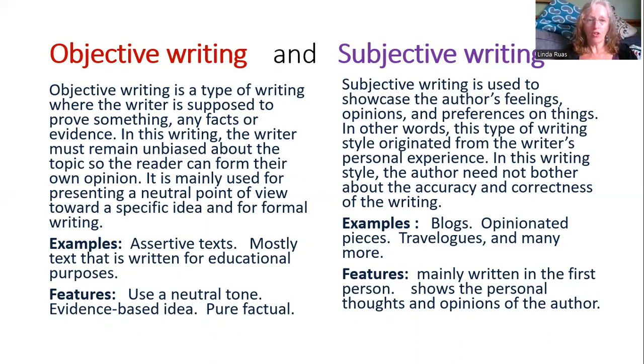So when you're writing your review, you need to write a mixture of objective and subjective. The objective writing is the summary and the facts. The subjective writing is the opinions about it, your preferences, and why you would recommend it or not.